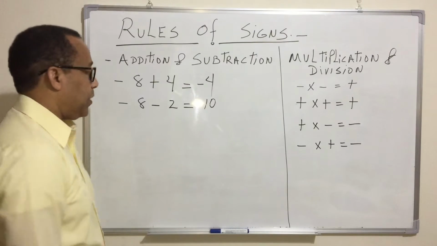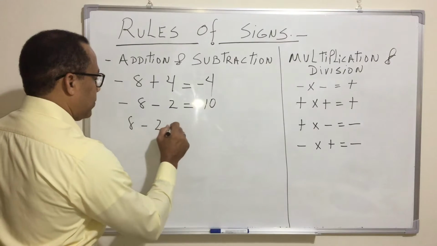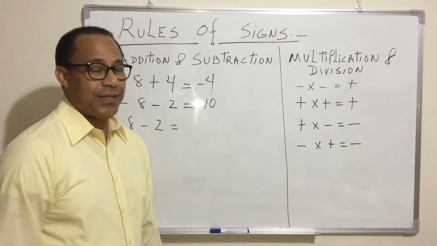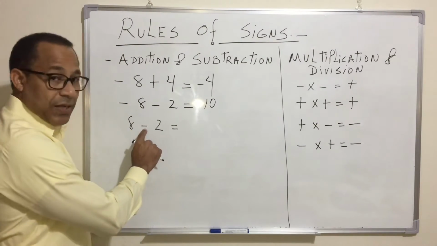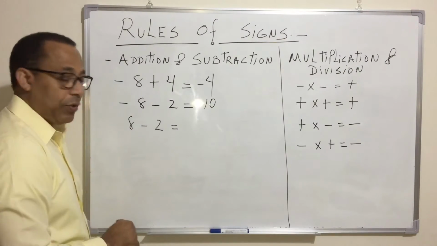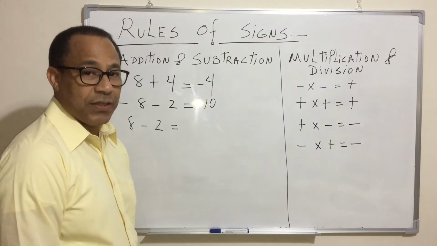Another example would be 8 minus 2 equals. Yes, there are two signs here. Which ones? Well, the 2 has a negative sign and the number 8 has a positive sign. When the number has no sign, it means that the number is a positive one.